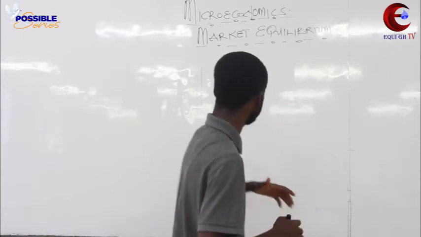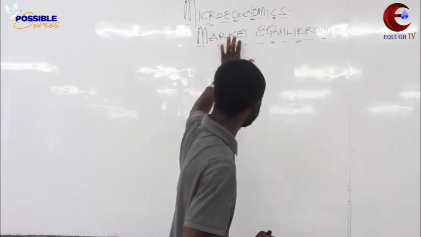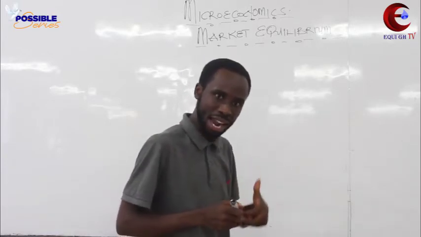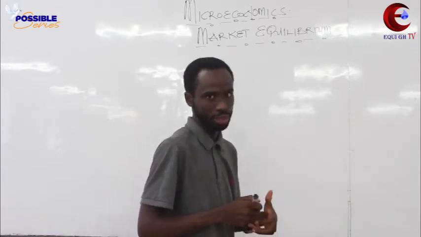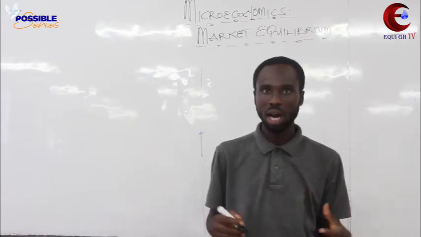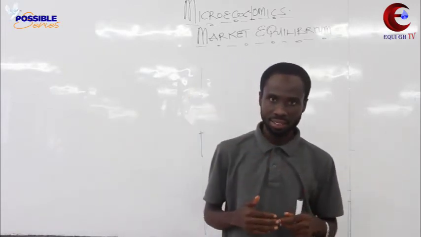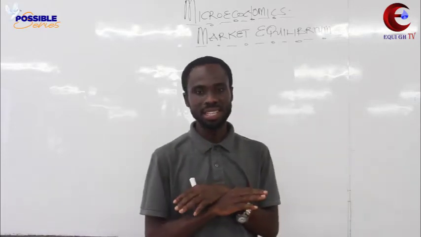When we talk about market equilibrium, it is the same as market clearing price and market clearing quantity, or the market clearing. It is the state at which the market is zero.